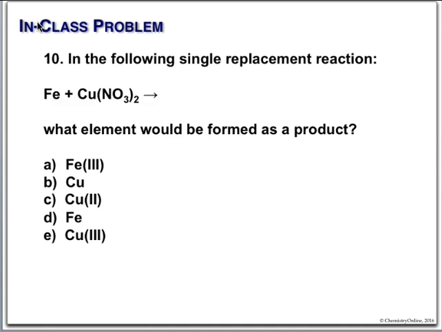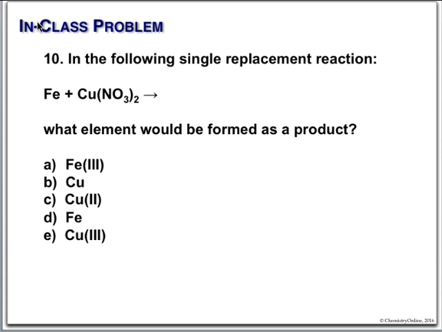All right, this is a single replacement reaction. Remember, in a single replacement reaction, we have a rule of thumb that generally works. And that's metals replace metals, and non-metals replace non-metals. We have an element and a compound, because in a single replacement, we're going to make a metal and a compound.